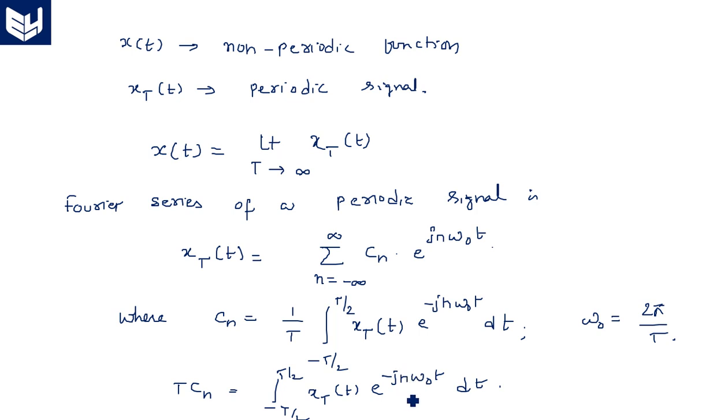Now let us assume this n omega naught as omega, and this T is extending to infinity. So let n omega naught is equal to omega and T tends to infinity.